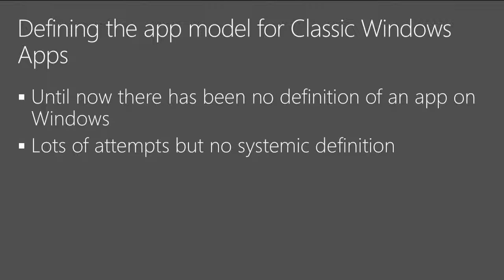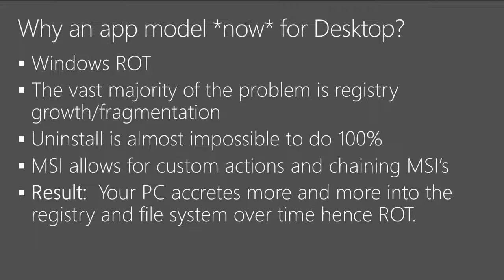So I said that we didn't have a really good description of an application model. We did a lot of different attempts, but we didn't get to do it right. So why now? Why is this now important? One problem we have is we call it Windows rot. Why is it that every time you buy a machine, it's blazingly fast, and after a year, it's slower?